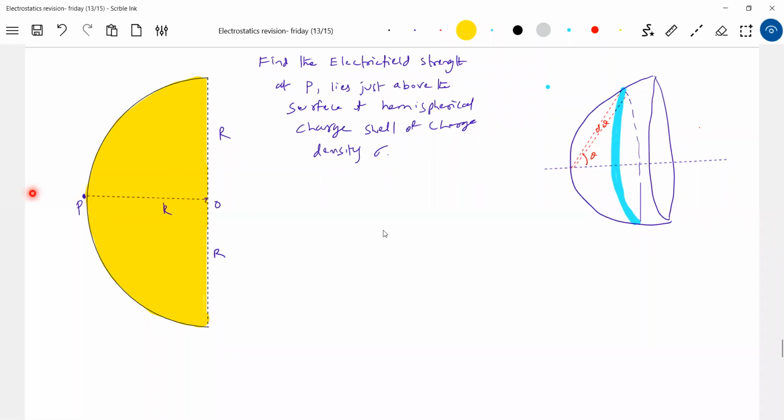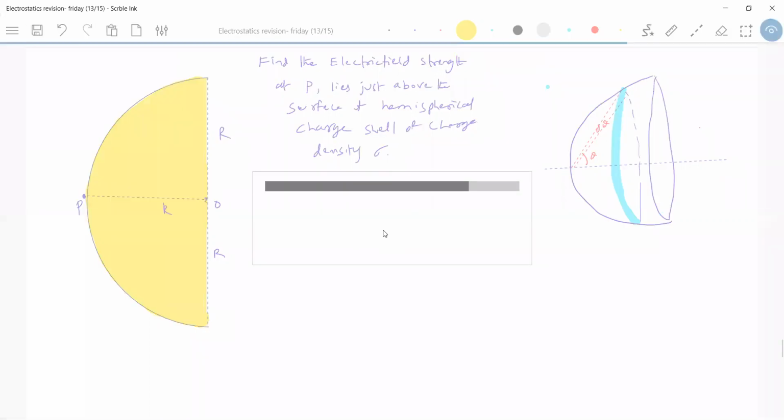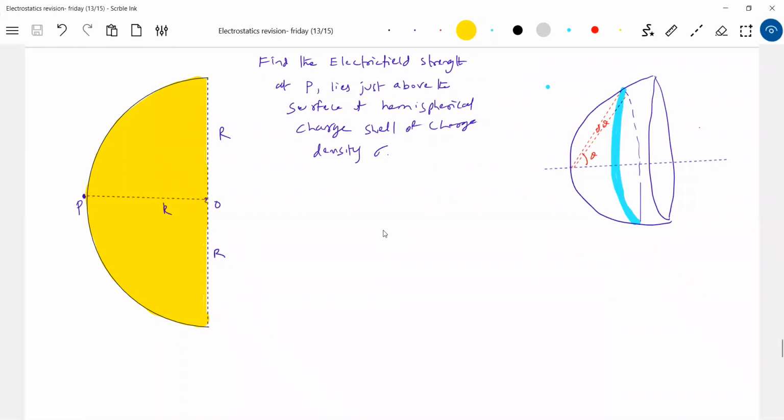If it were somewhere here, it would be another thing. I'm just asking at the apex of this particular thing: what is the field strength just above the apex of the hemispherical shell? So the upper limit is a problem. There's nothing wrong with assuming an elemental ring and integrating from 0 to the upper limit, but you can't define the limit wherever you want. Limits have to be taken care of properly. So what is the only alternative left?